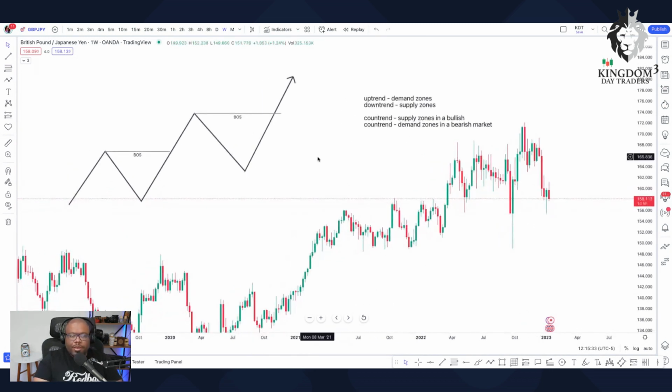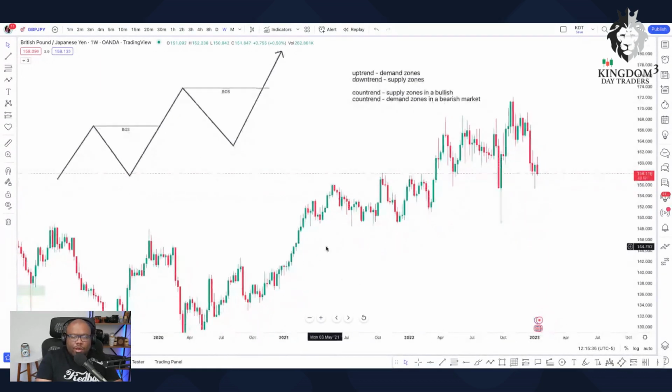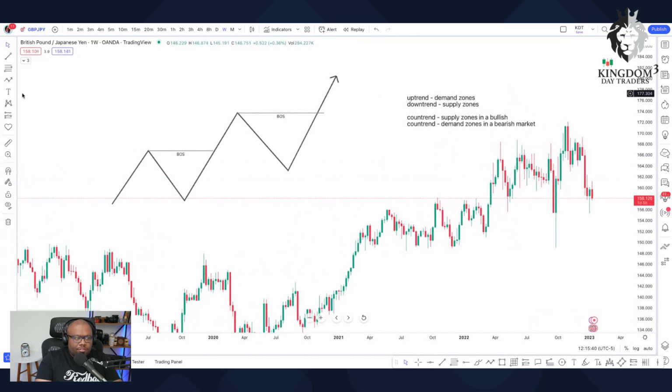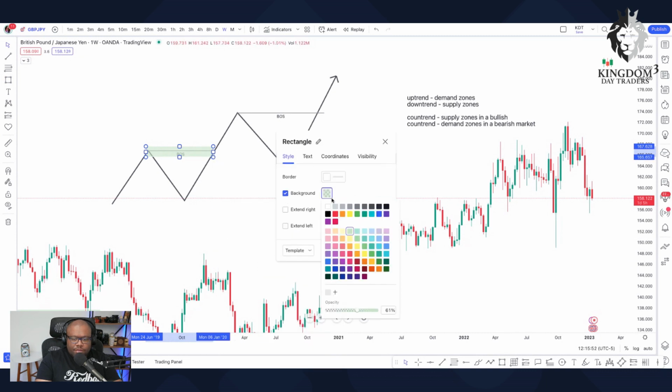So what do I actually mean by that? Well, I cannot tell you how often I see people drawing the wrong zones in the wrong trend. So let's say, for instance, on this leg down, as price is rising, I'd see someone draw on a zone over there. And we're going to look at those zones, of course, on the chart as well.